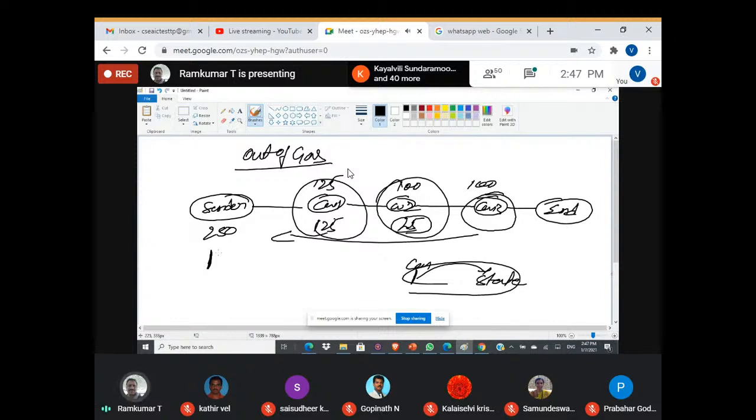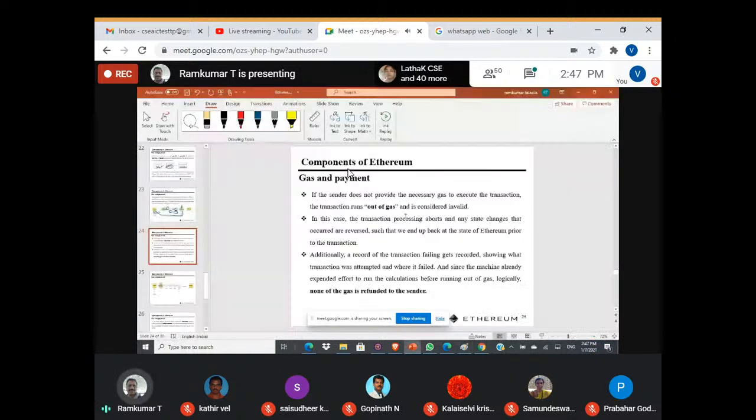So that happens when it is out of gas, which means whenever you are providing gas, provide more gas. If you provide more gas, nothing will happen. Whatever the required gas is will be consumed by the network, and the remaining will be returned back, no issues. But if you provide insufficient gas, then automatically there will be a problem. Please observe carefully. What we call an out of gas situation is considered invalid.